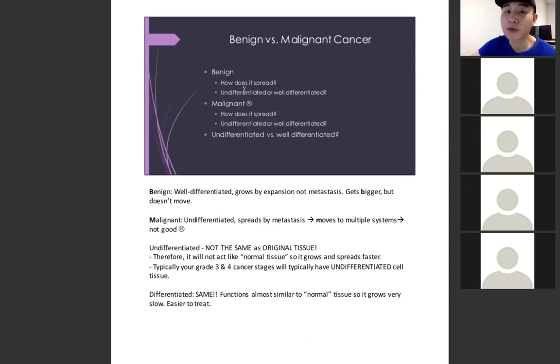So what does it mean, benign and malignant? Benign is just abnormal growth. It does not spread or metastasize to the bone or other places. And malignant is bad, like it's spreading and leading to other places on the body.